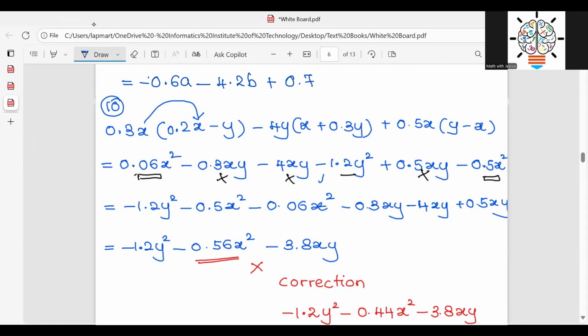Then the xy part I want to write now. So in here you can just mark, I took this one and I took this one. So then I'm going to take xy. Yeah, I do have so many xy. 0.3xy minus 4xy and plus 0.5xy.